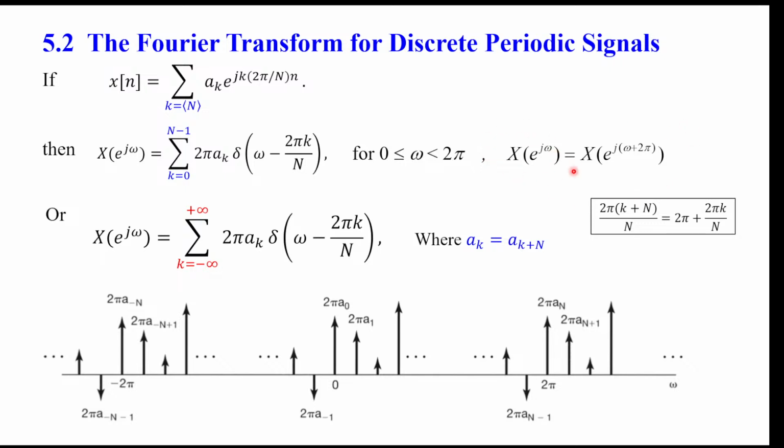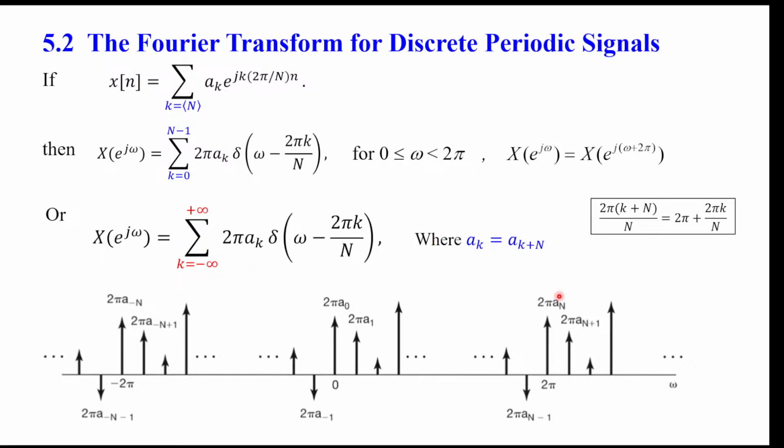with big X of e to the j omega equal to big X of e to the j omega plus 2 pi. And you have a nice way to express this as one simple equation: instead of summing k from 0 to n minus 1, you just say summation k from minus infinity to plus infinity, and have your ak being a periodic signal.